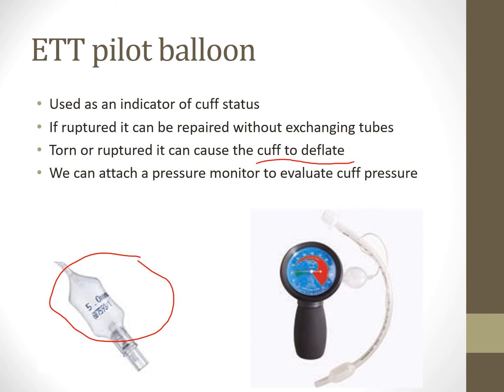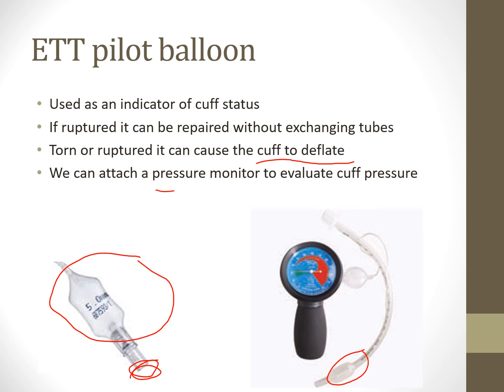I've seen some anesthesiologists, and I'm not saying names, cut the pilot balloon off and then think that the cuff is now deflated and start ripping it out of the patient to extubate. I'm like, oh heavens. That's why your patient has severe sore throat at the end of it. Or stridor. Why are they stridor? Oh yeah, you just cut it and pulled it. Just get a syringe and pull the air out of it, and then you know it's good.